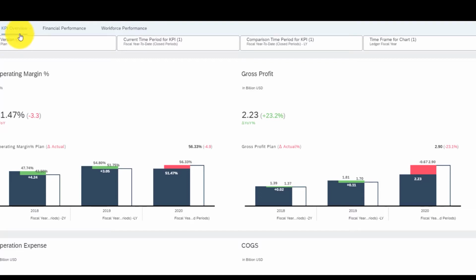The KPI overview and financial performance pages are constructed with live data connection to the SAP S/4HANA Cloud Core Data Services view, while the workforce performance page is utilizing SAP Data Warehouse Cloud, combining data from SAP S/4HANA Cloud and SAP SuccessFactors. Let's look into each page.